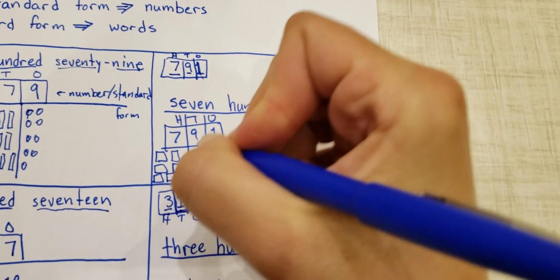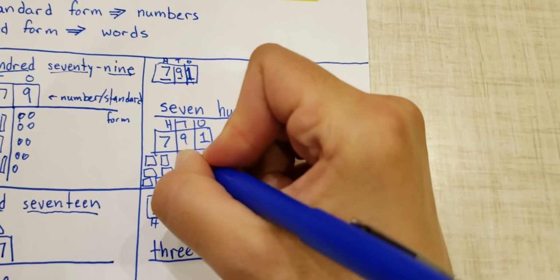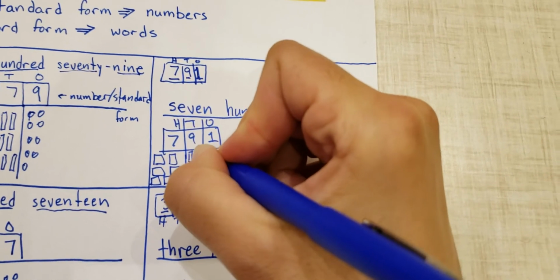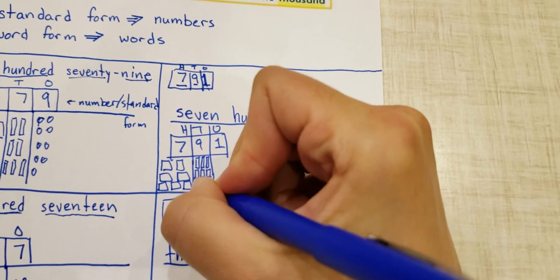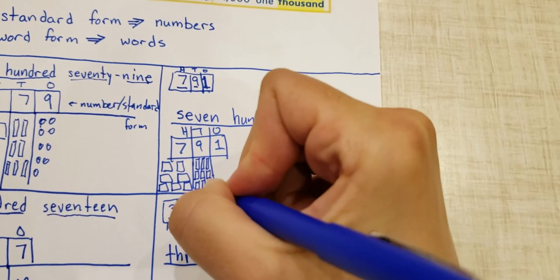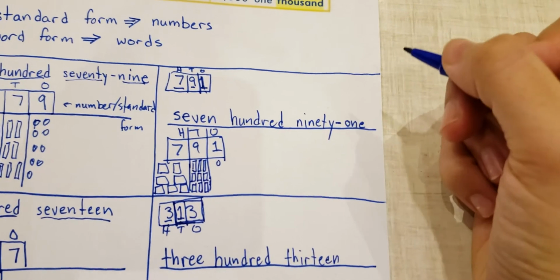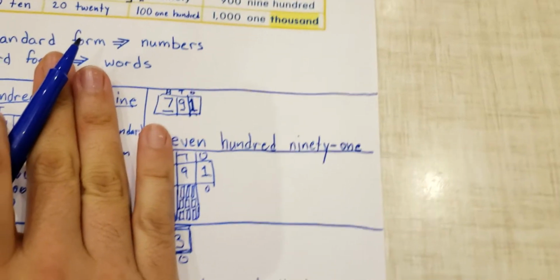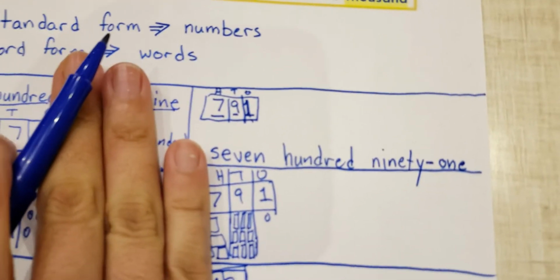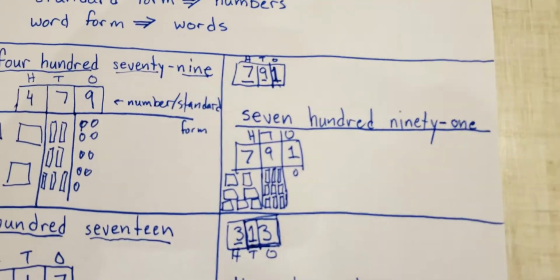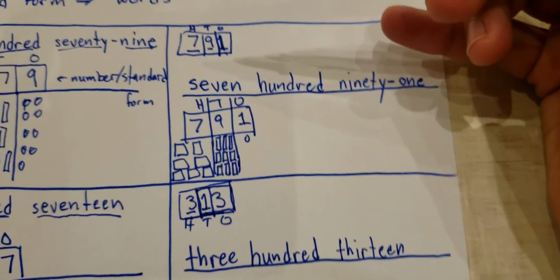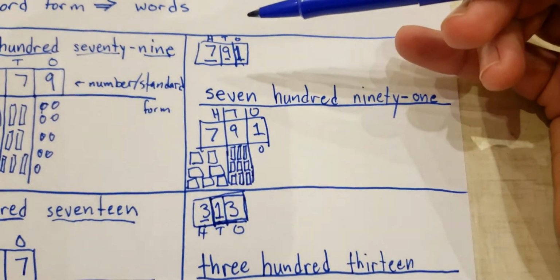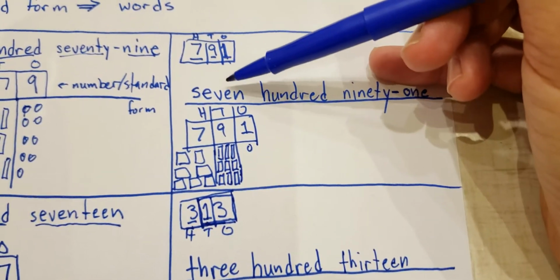Squeeze that last one there. 7, 9 tens. 1, 2, 3, 4, 5, 6, 7, 8, 9, and 1, 1, right? 91, okay? This 9 in the tens place value, that makes 90.